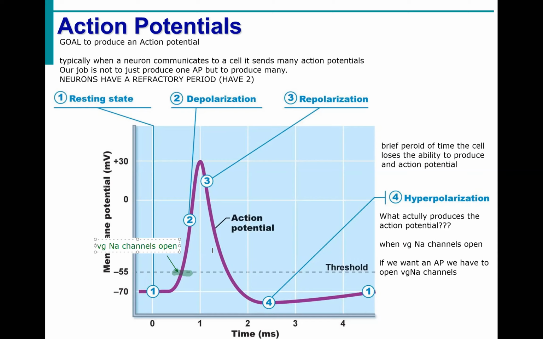And if we can't open it a second time, we can't get an action potential. So for all of this part right here, our voltage-gated sodium channels are already open. And if they're already open, we can't open them a second time. And then what happens to our voltage-gated sodium channels up here at the top?